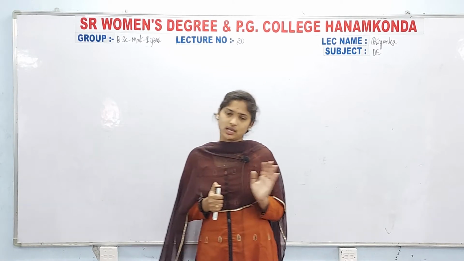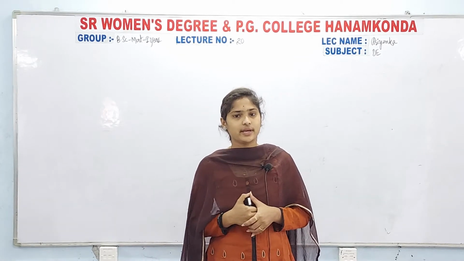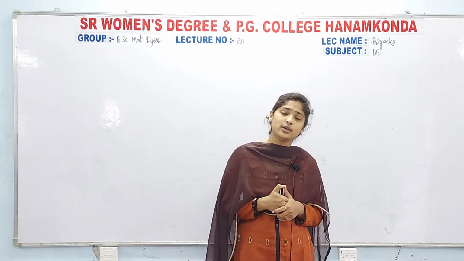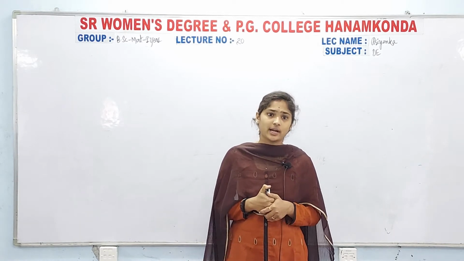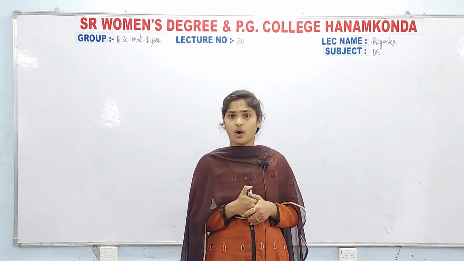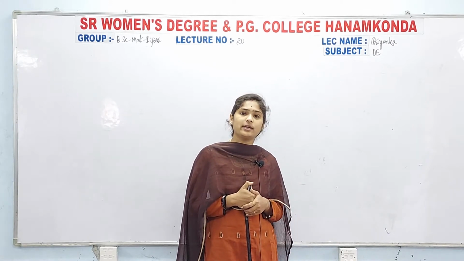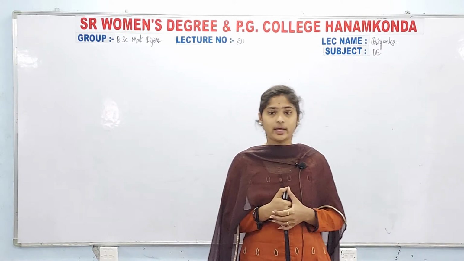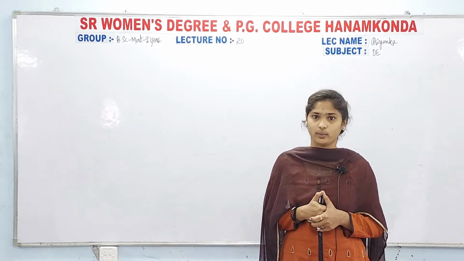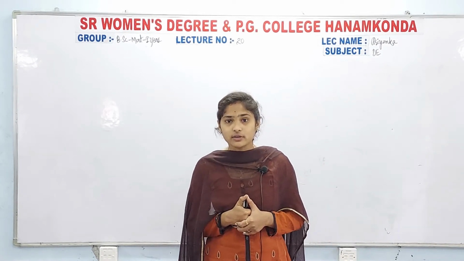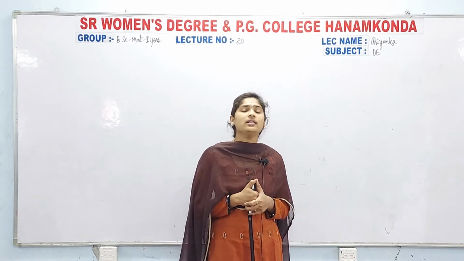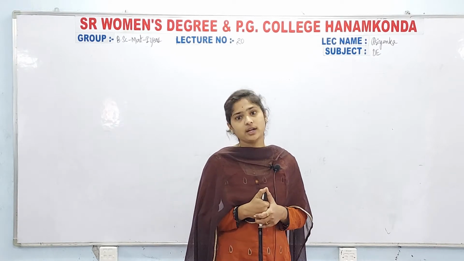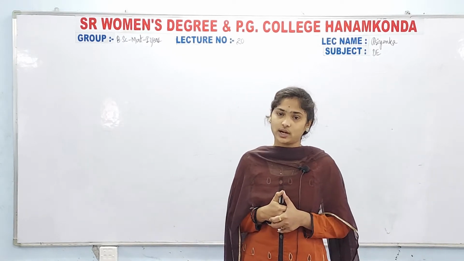Same thing, we have to consider the same M dx plus N dy form, but here you have to consider the condition 1 by M of dou N by dou x minus dou M by dou y. If that gives only a functional value of y, then only we can go with this method, otherwise we cannot.